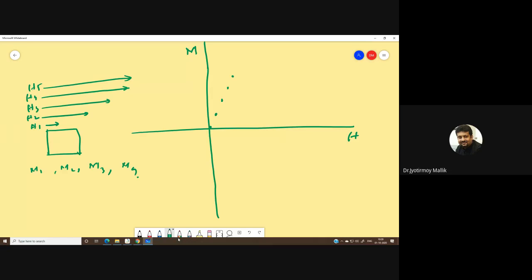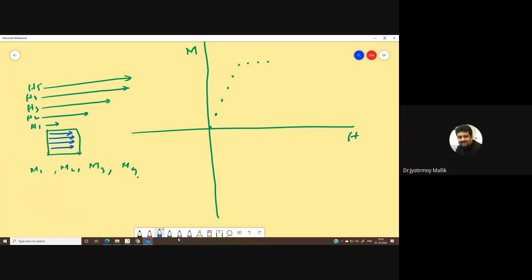and there will be a time when even if we increase capital H, the M is not being increased. So what does that mean? That is the time when all my magnetic moments are optimally oriented, so I cannot orient them further. That means it has reached its maximum magnetization, or it is saturated.